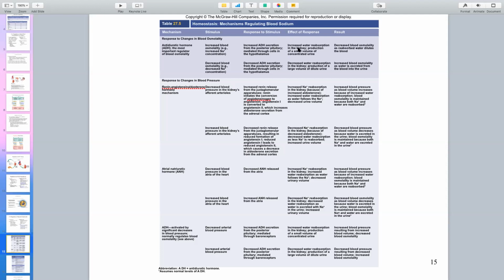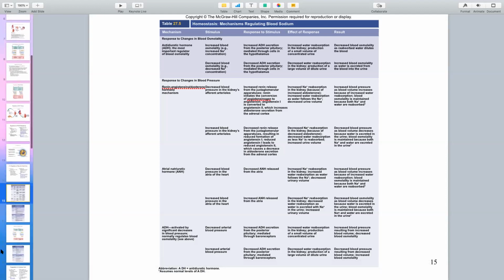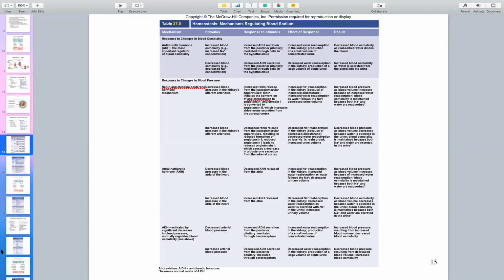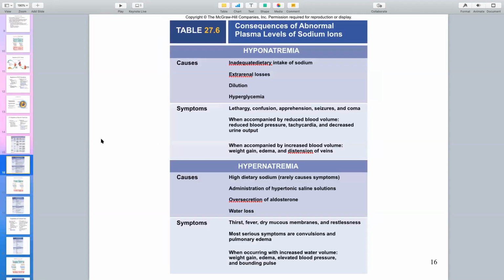The effect is increased water channels, aquaporin 2s, right, in the distal convoluted tubule and the collecting duct, which then allows us to reabsorb pure water. That reabsorption of pure water will attempt to decrease the blood osmolarity because water will dilute the blood, and hopefully decrease it. Again, usually the only thing that'll decrease it is drinking pure new water.